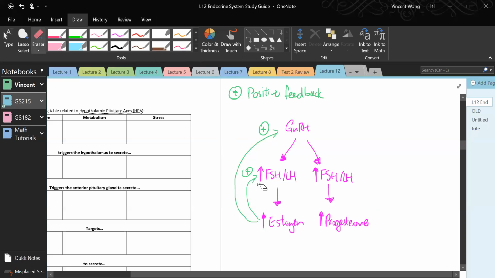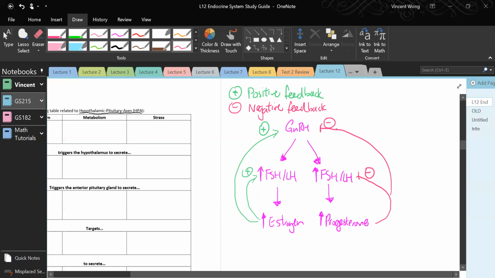So unlike the estrogen, which would exaggerate the GnRH and the FSH-LH production, progesterone would do the opposite. It will basically inhibit it, because we don't need another egg. So this is negative feedback. Okay, so negative feedback means you're going to shut down the initial trigger.